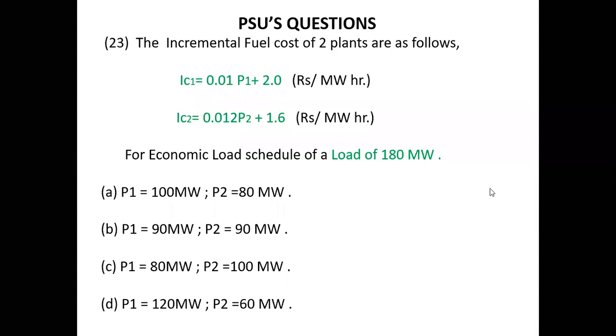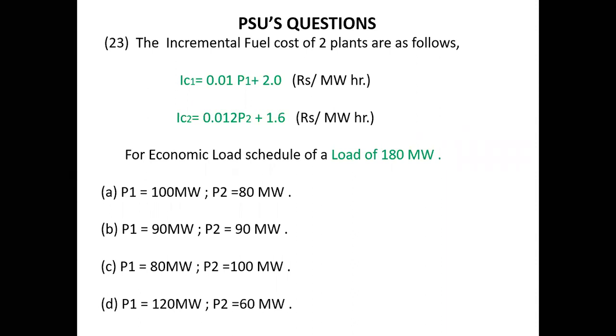Someone is saying the answer is C. So that answer is P1 equals 80 megawatts and P2 equals 100 megawatts. Then let's wait for some more responses. Someone is saying the option is D. Someone else is giving the answer C. Then whatever remaining people, here you should not use your calculator, pen or book.